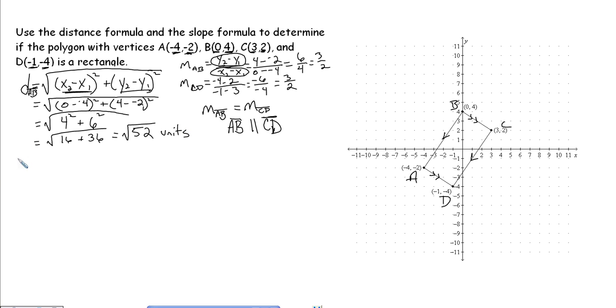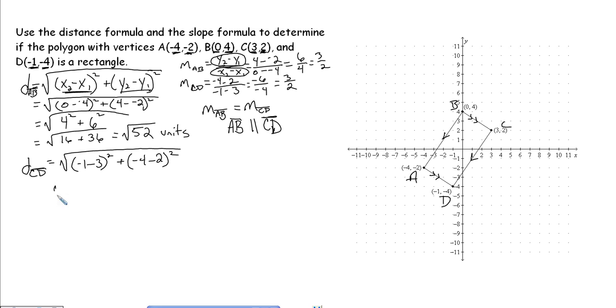The distance for line segment CD. Using the distance formula, just as it's written up there, this time our x2 minus x1 would be the x coordinates from D and C. So x2 would be negative 1, x1 would be 3, all of that squared, plus y2 would be negative 4, minus y1, which is 2, all squared.